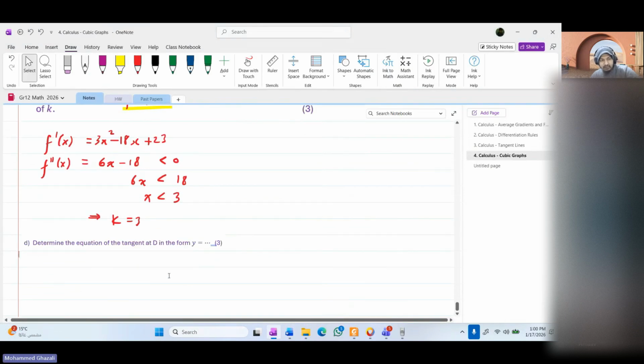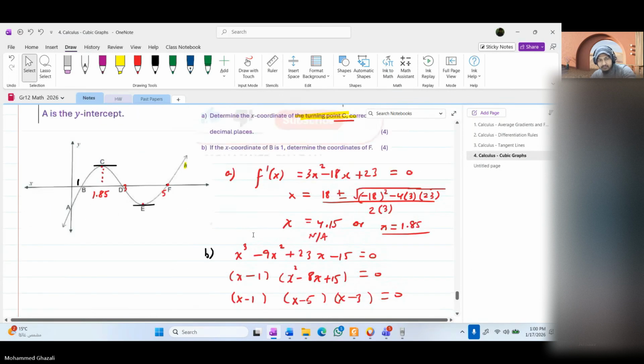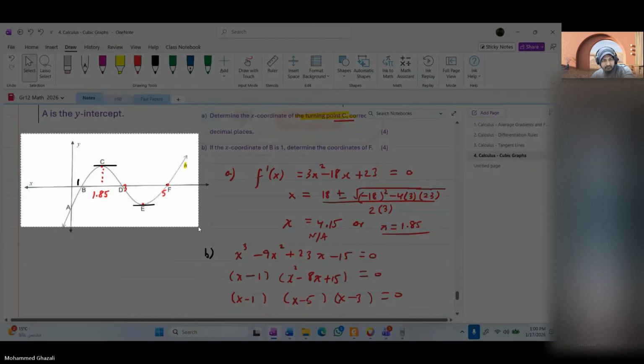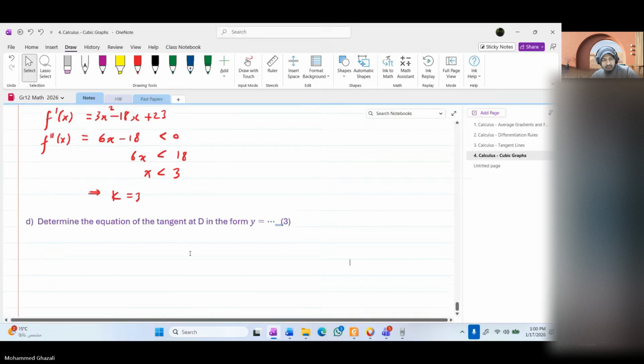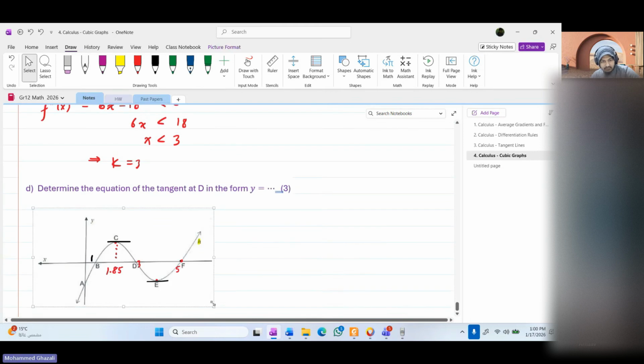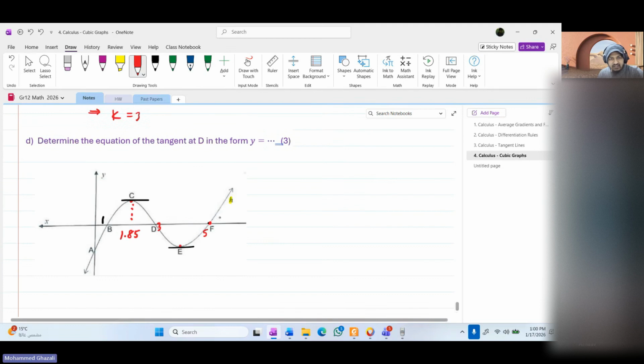All right, so I'm going to elaborate a bit on this question here, right? So determine the equation of the tangent at D in the form y equals.